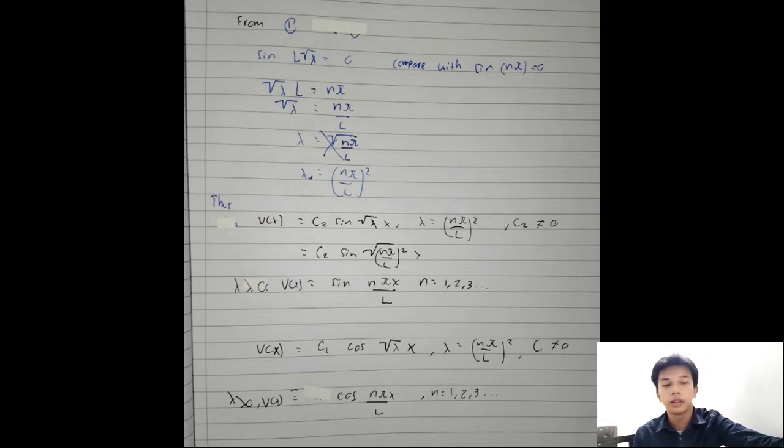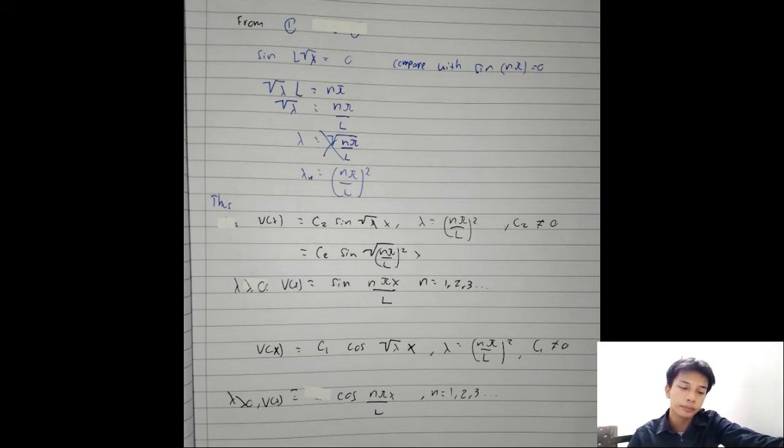We can compare it with sin(nπ) = 0, from which we deduce that λ = (nπ/L)². We can then deduce that when λ > 0, for c2, v(x) is sin(nπx/L), where n = 1, 2, 3.